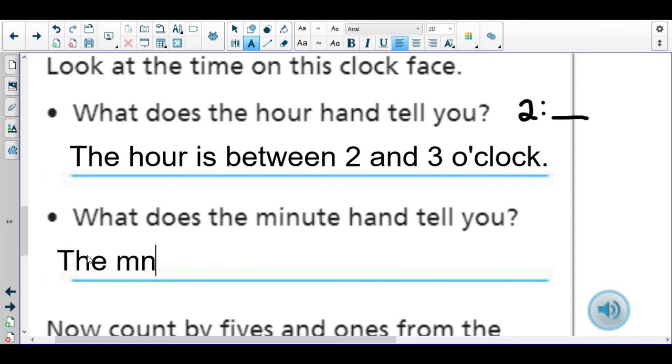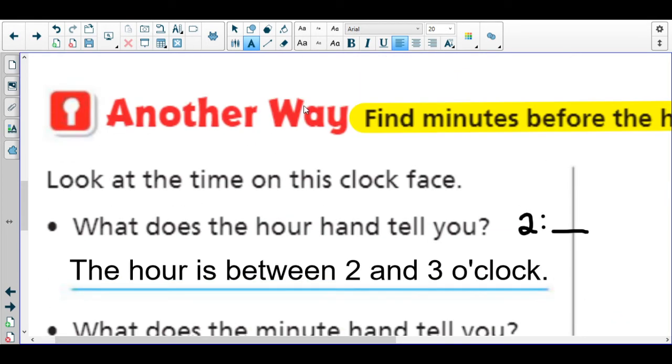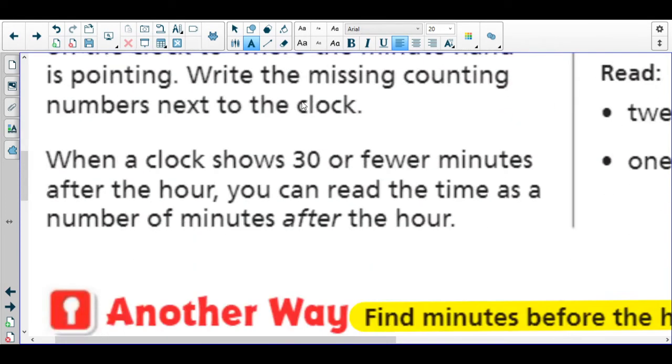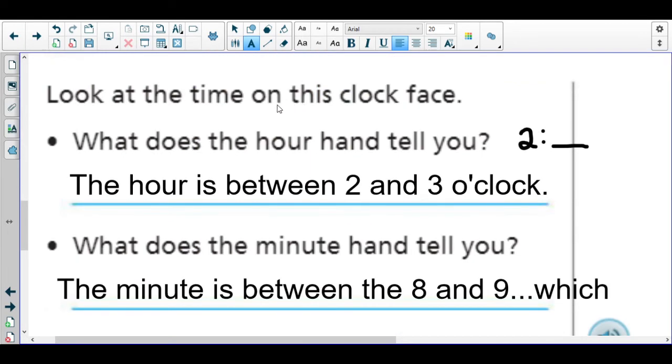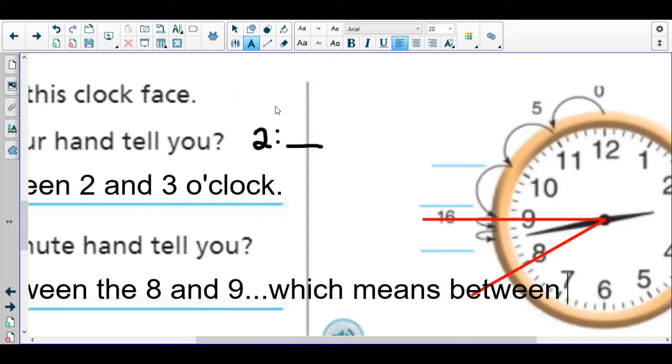The minute hand is between the 8 and 9, which, how did we write that up here? Yeah, there we go. Which means between, let's see, 8 times 5 is 40, and 9 times 5 is 45.